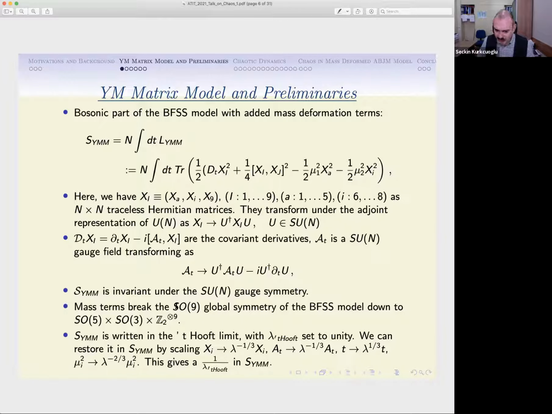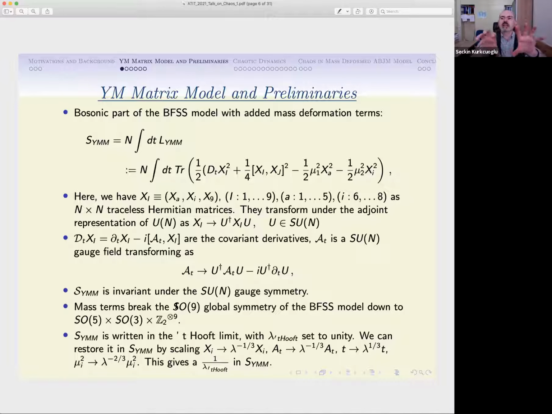So that is another motivation for adding mass deformations. One specific motivation here would be to be able to track the chaotic dynamics in these models in a somewhat simplified setting, because once I have mass deformations, I will be able to introduce fuzzy spheres, or configurations with collective time dependence involving fuzzy spheres, to probe chaotic dynamics.